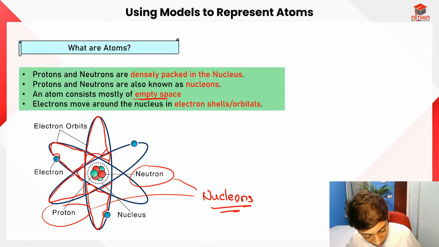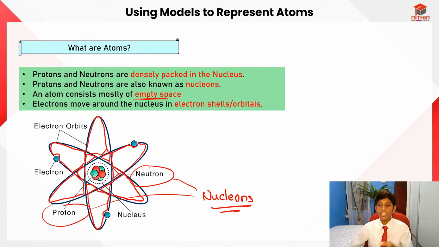As you can see, all of this here is empty space. More than 3/4 of the atom is actually empty space. Moving on, electrons: all of these balls over here move around the nucleus in electron shells or orbits.